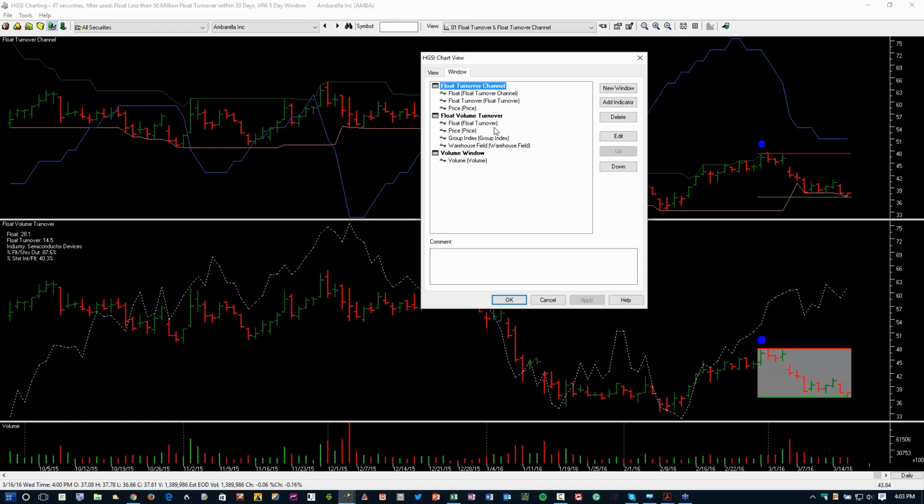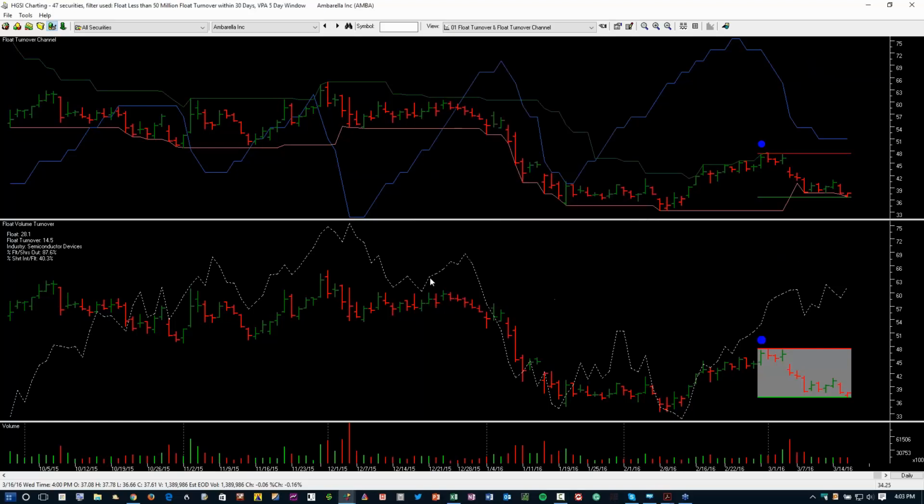This is my float turnover channel window up here, and this is my float volume turnover channel here. I am making a few changes in my charts and views, and I will get those posted when I get the BPA add-on ready to go.